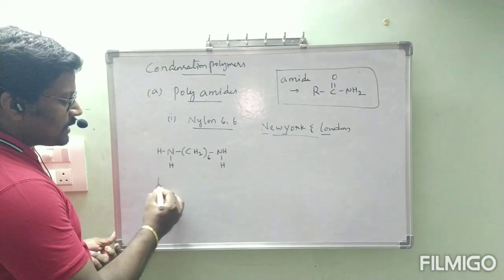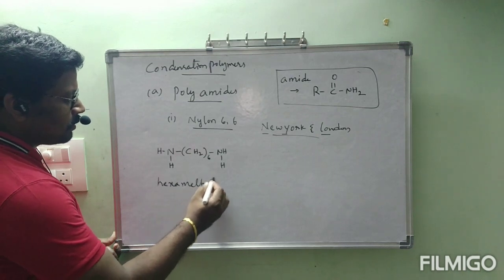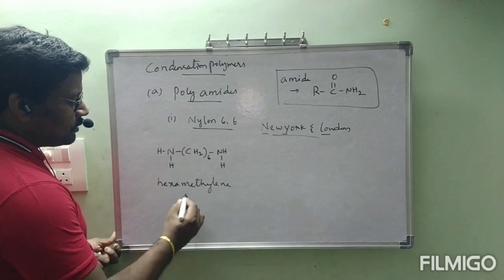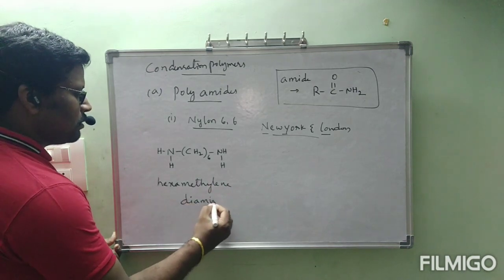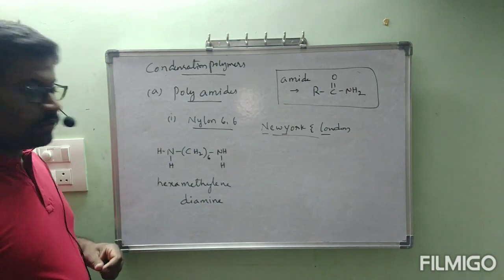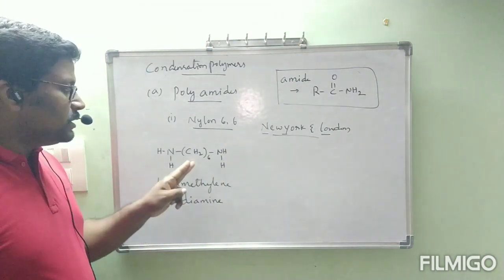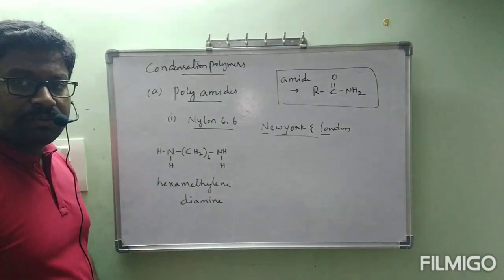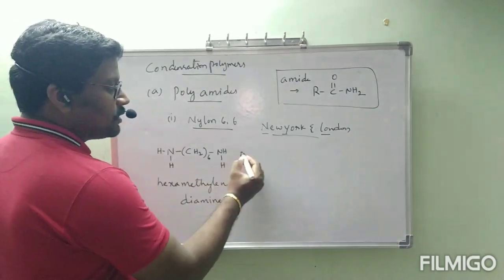This name is hexamethylene diamine. What is the name of this compound? Hexamethylene diamine. Okay, now diamine, two NH2 groups are there with 6 methylene groups. CH2 group is called methylene group. Okay, let us continue. This is one monomer.